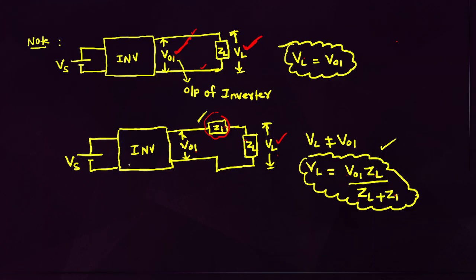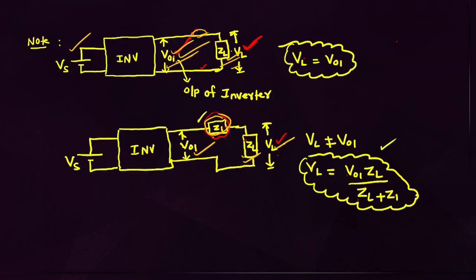Sometimes the inverter input is DC, and the inverter output is the fundamental voltage. This is the load voltage. Here there are no series elements, so load voltage is equal to the output voltage of the inverter. If any series element is given here, then don't take this voltage equal to that voltage. Why? Because the voltage is divided.